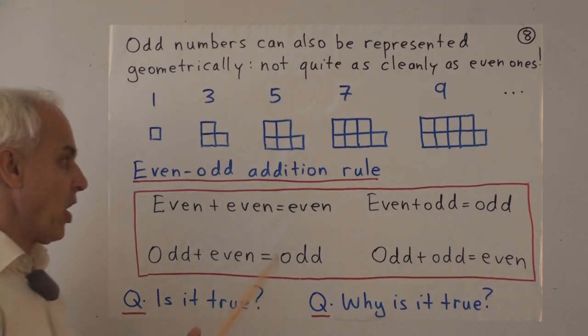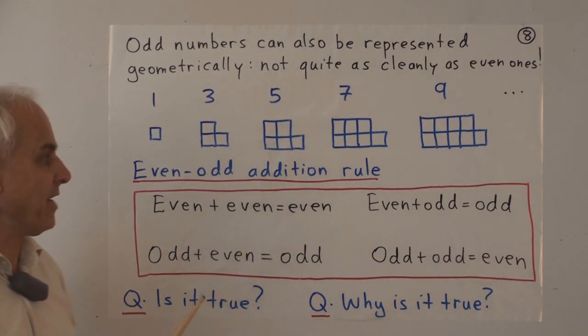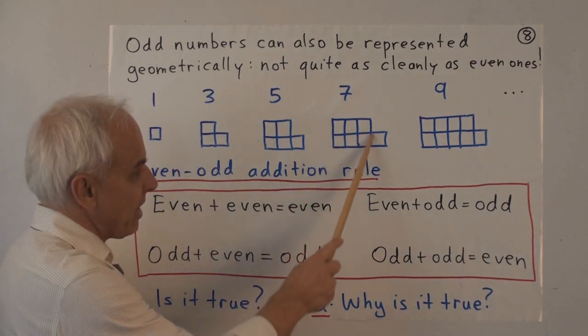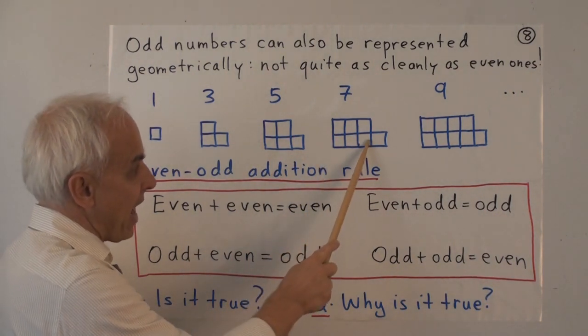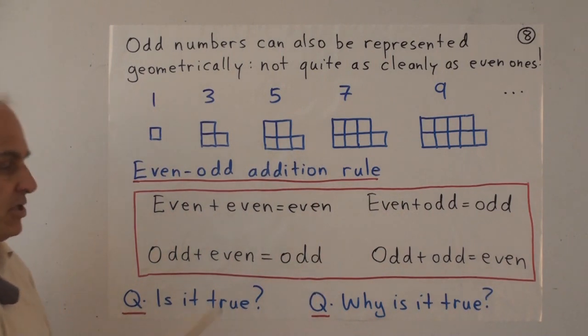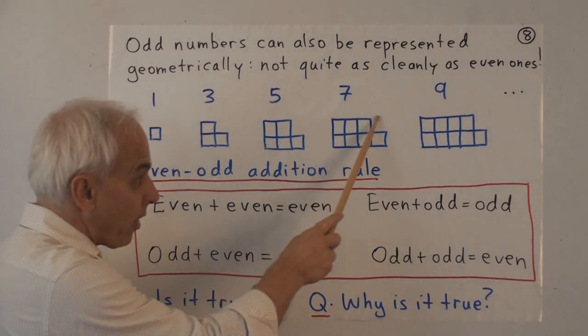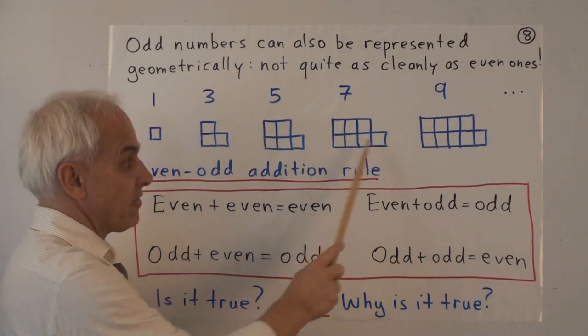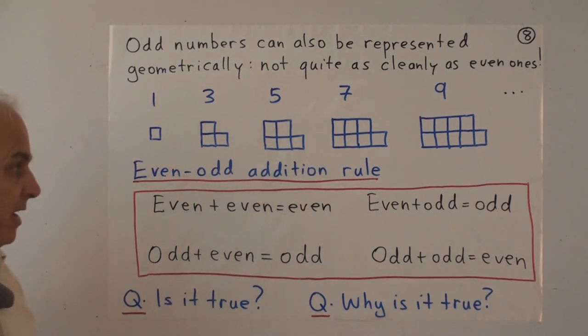Which makes sense, because an odd number is one more than an even number. So if we took that even number 6, which is that rectangle there, and then we added one more, we're going to get 7, which is an odd number. If we add one more, then we get the next even number to fill out a proper rectangle again.